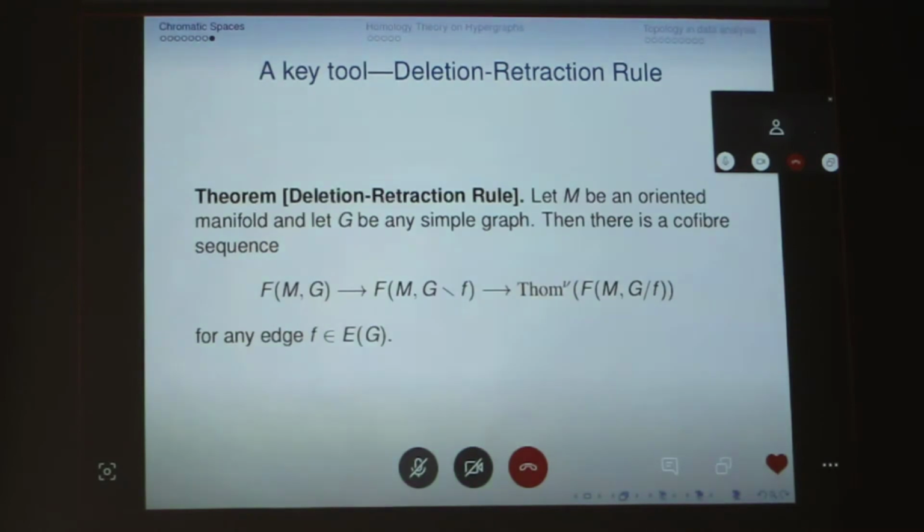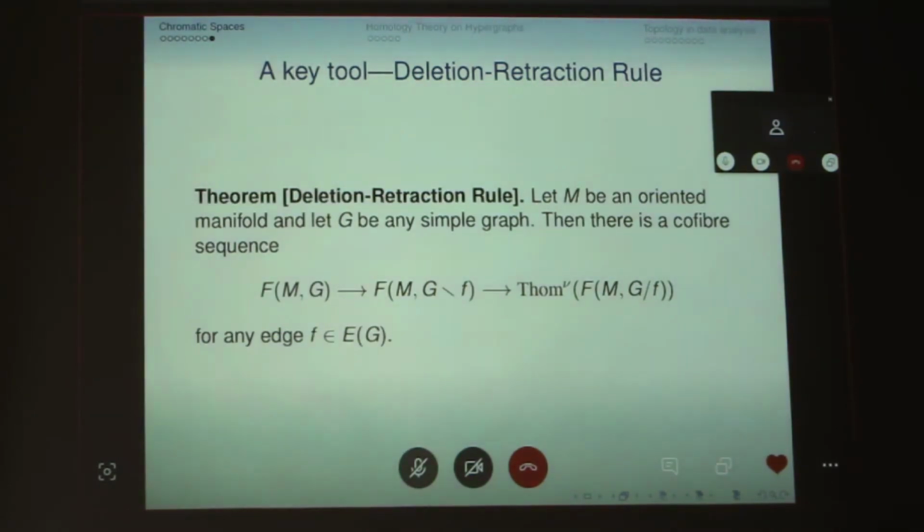Now, one thing that is not very good about the chromatic space is that for the usual configuration space, we have these coordinate projections with fiber bundle structure, which helps to compute the homology, in which we always have a spectral sequence we can compute, and then you can determine the homological properties using these fibrations.